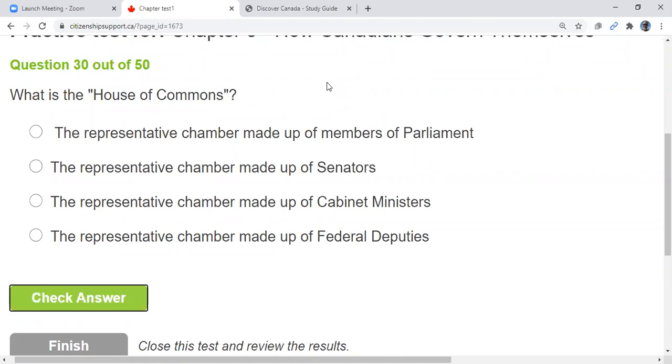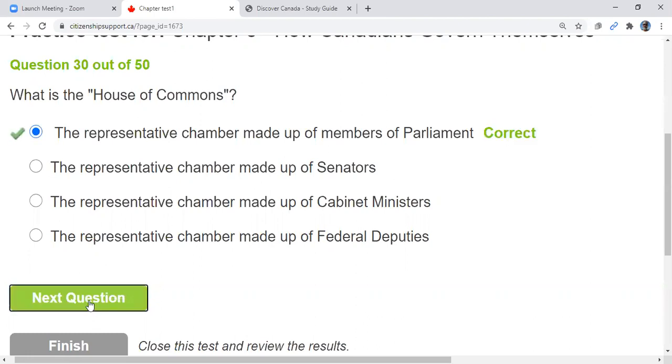What is the House of Commons? Number 1. Very good.